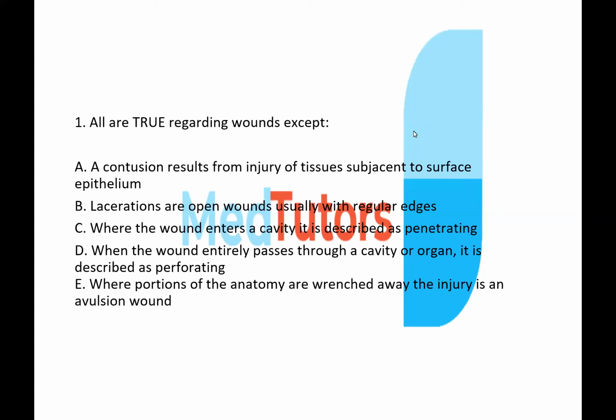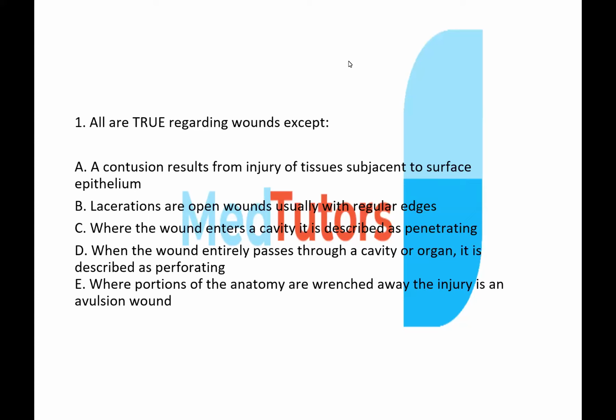The first question says, all are true regarding wounds except: A, contusion results from injury of tissues subadjacent to surface epithelium. B, lacerations are open wounds, usually with regular edges. C, where the wound enters a cavity, it is described as penetrating.